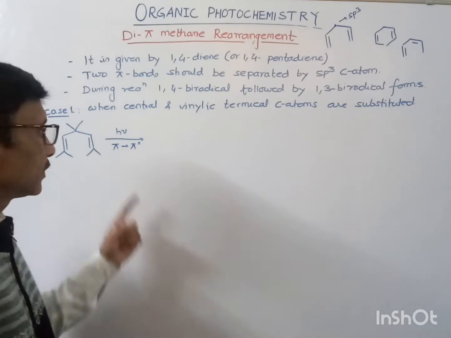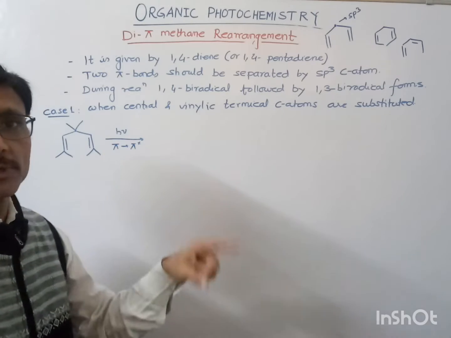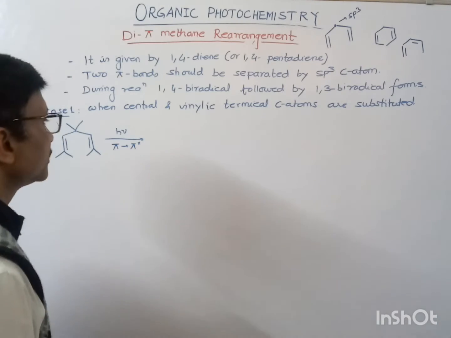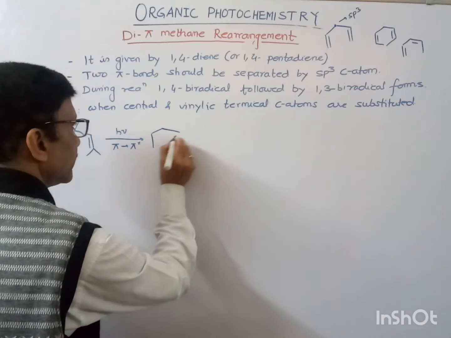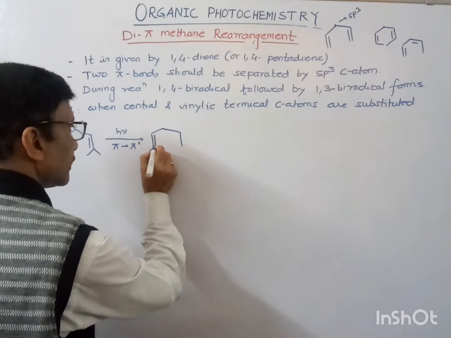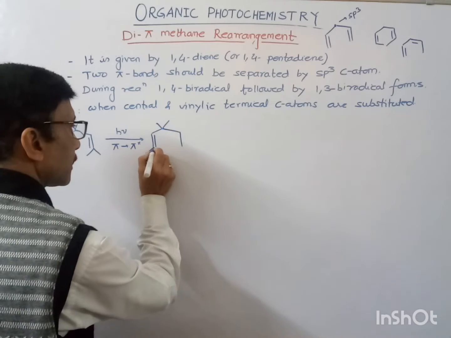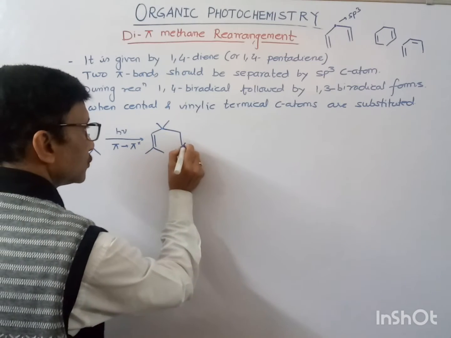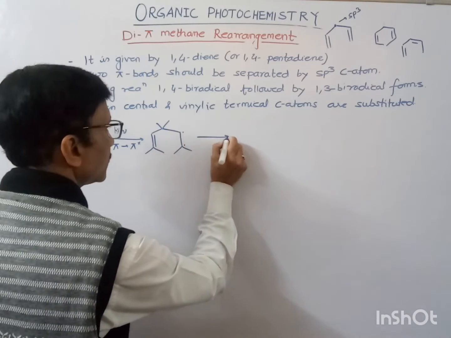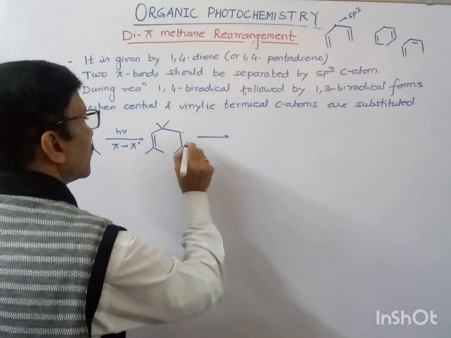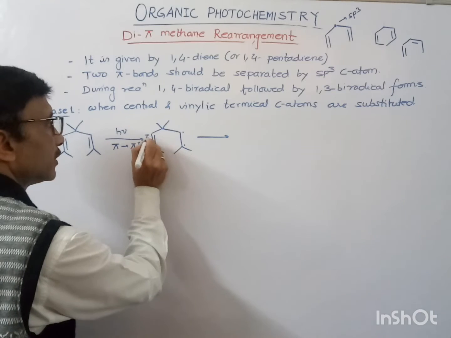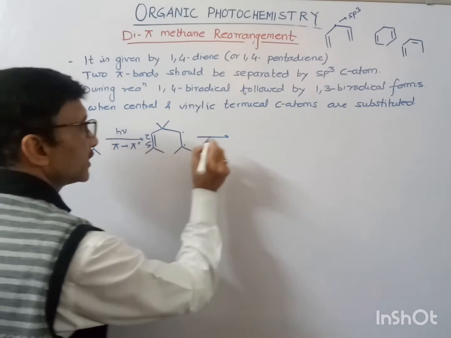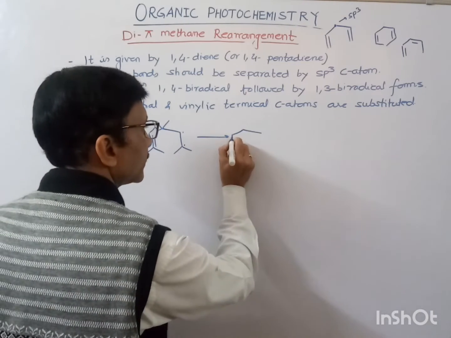An electron goes from the pi bonding molecular orbital to the pi star antibonding molecular orbital, and we may write these as the two radicals. Now this may rearrange.